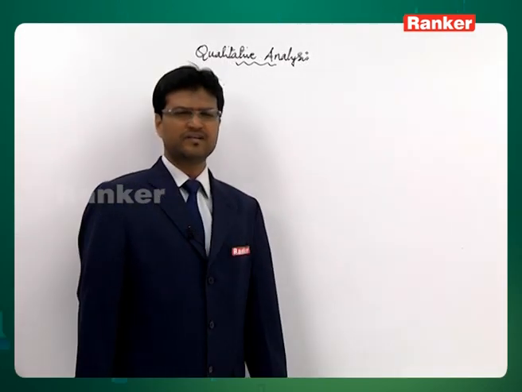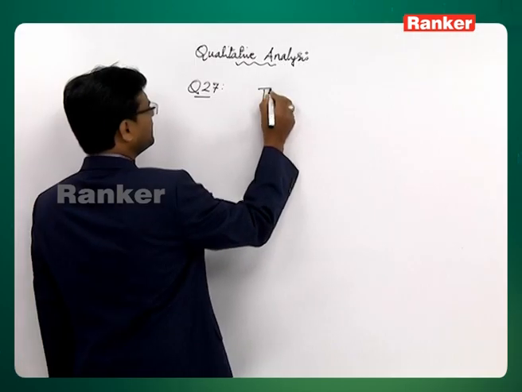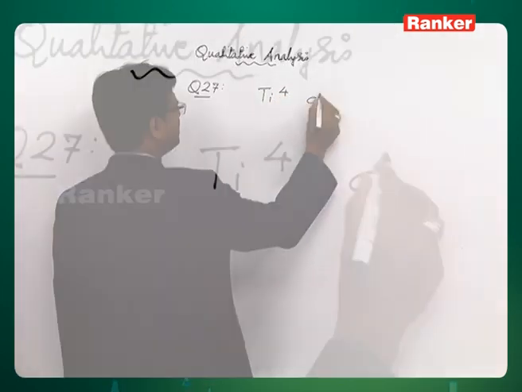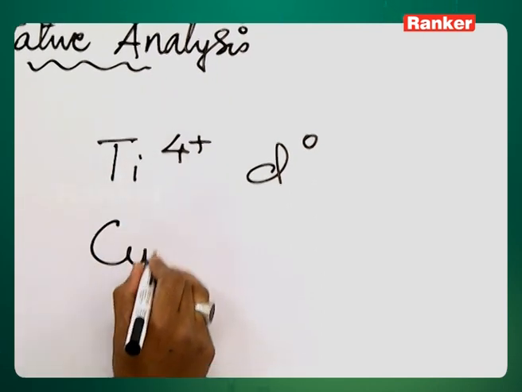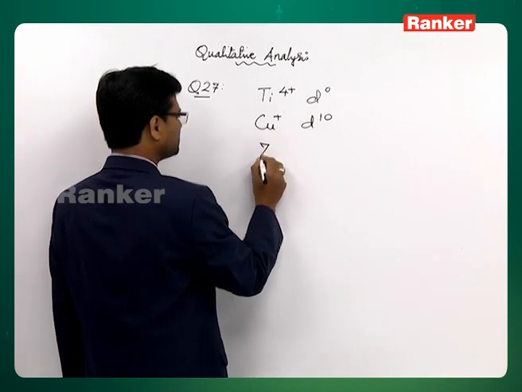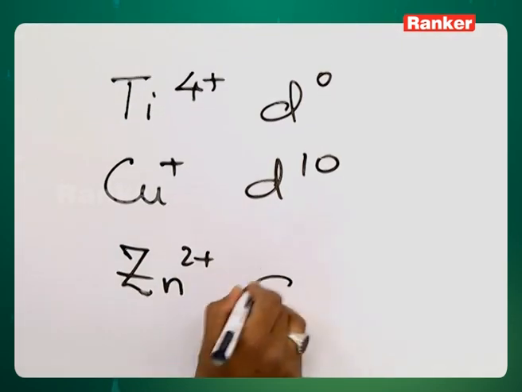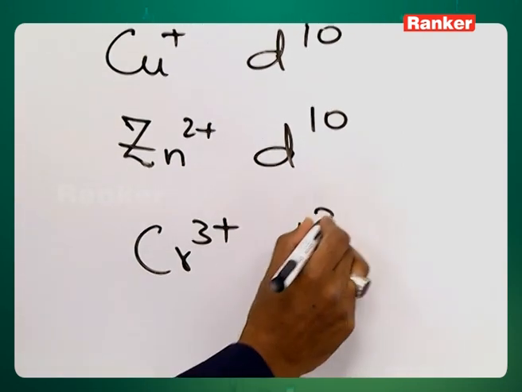Question number 27. Which one of the following ionic species will impart color to an aqueous solution? Options A, Ti4+, B, Cu+, C, Zn2+ and D, Cr3+. Ti4+ is a d0 system, Cu+ is a d10 system, Zn2+ is a d10 system, Cr3+ is a d3 system.